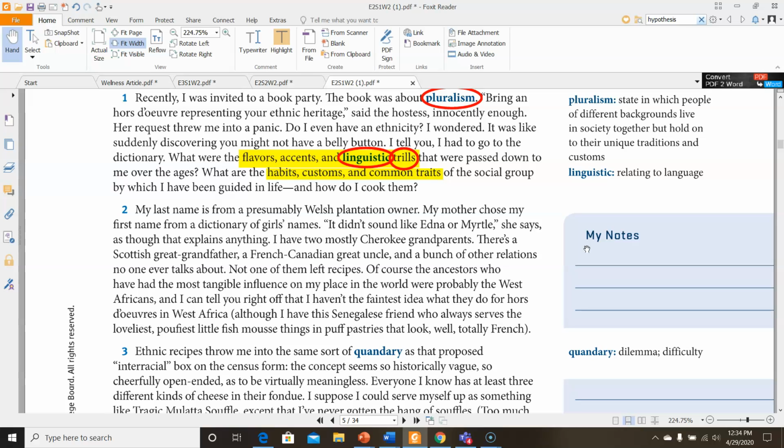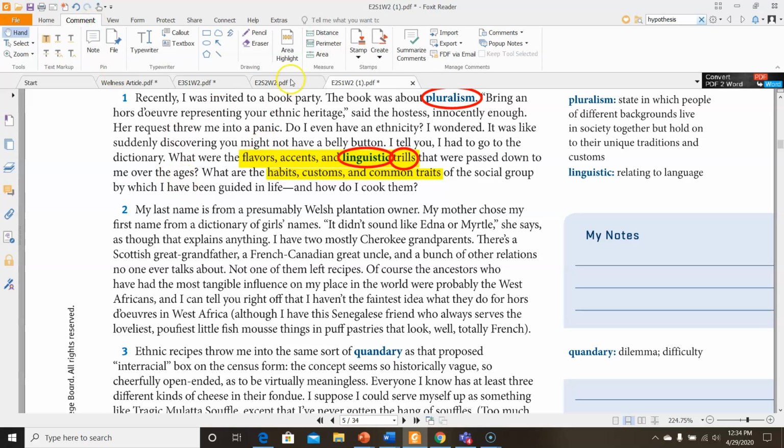So here, one of the things that she seeks to define her cultural identity, so that she can make this recipe, is her last name origin. So she says her last name is presumably Welsh. So she's talking here about her family's country of origin.